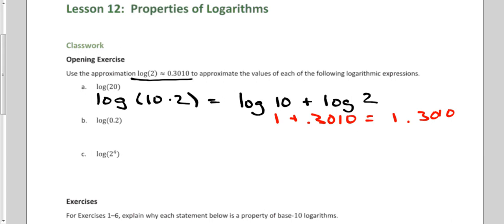How does 0.2 differ? How can I rewrite 0.2 as a multiple of 2? 2 times what equals 0.2?